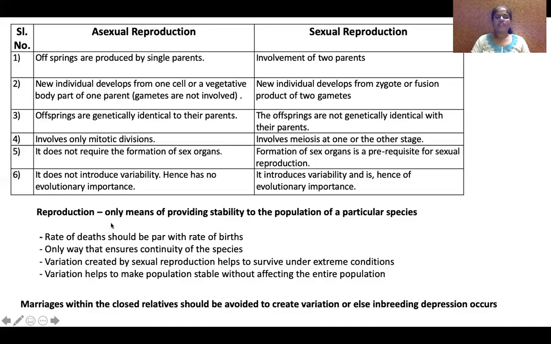So reproduction is a means of providing stability to the population of a particular species.